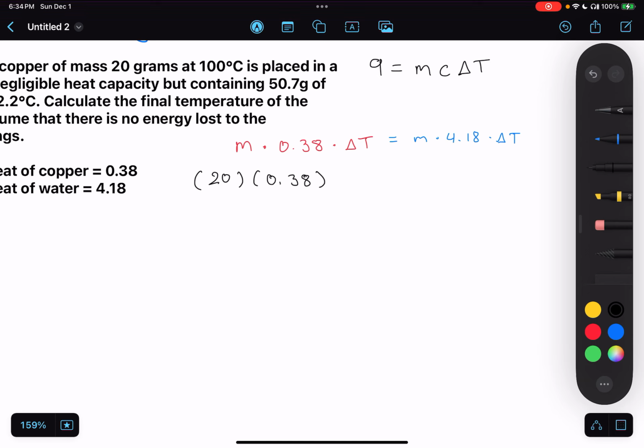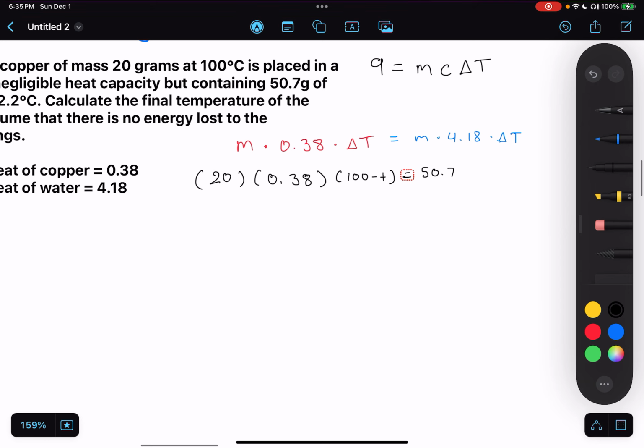So if we go 100 minus T, and T is our final temperature, then we can go equals the mass of the water, which is 50.7.